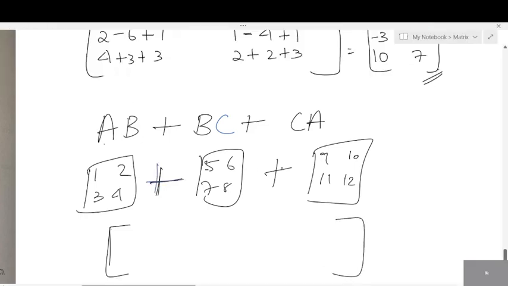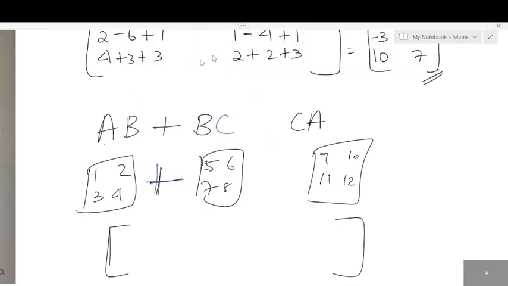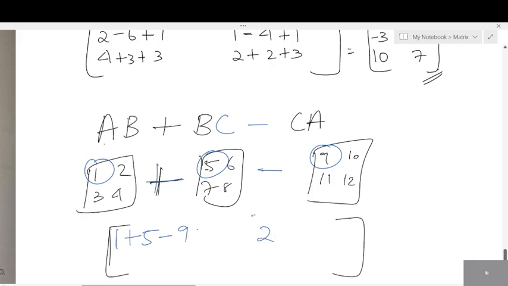Whenever addition or subtraction is given, how do you solve this? Let me put minus here. Just take the first element from all 3: 1 plus 5 minus 9. Next, take the second one: 2 plus minus 10.